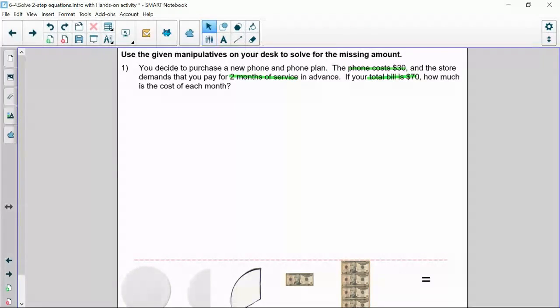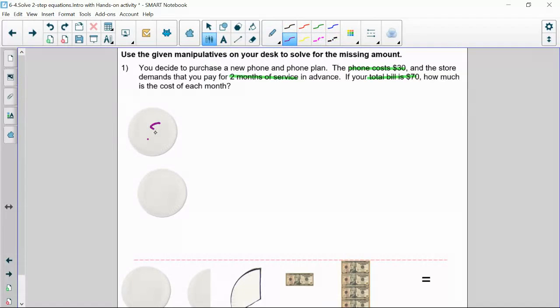That's all the important information we need to find out what we need. So we have 2 months of service. That's going to be our plates, or also our variable. Say for service, we're going to use S for service.